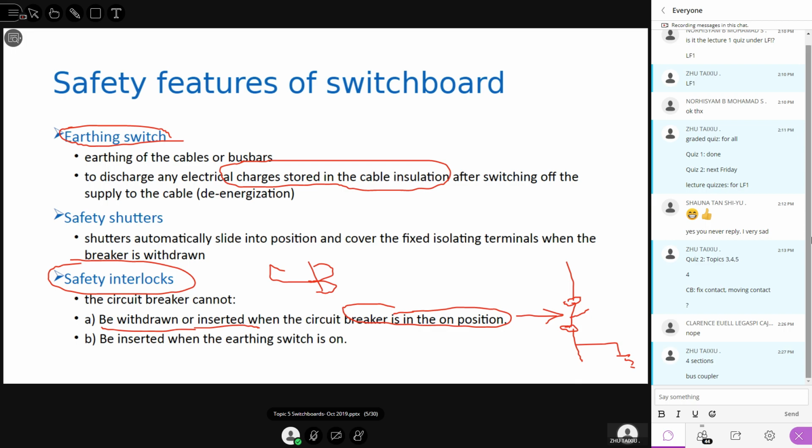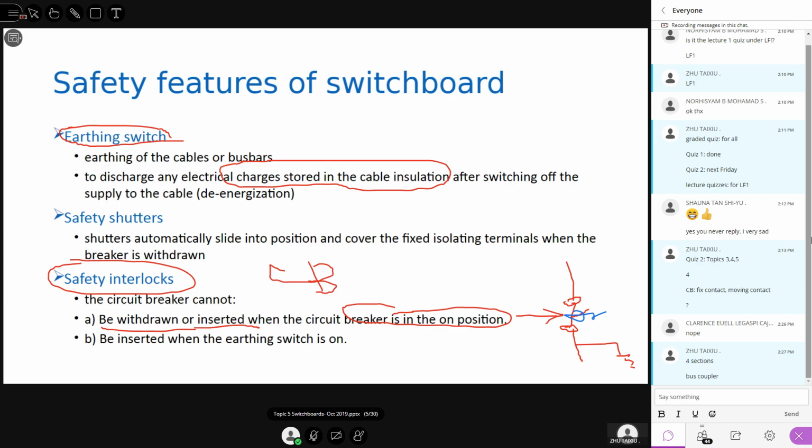That means when the earthing switch is on, the circuit breaker cannot be inserted back to the position. Basically, this is to avoid accidental short circuit, because sometimes engineers, electricians have been working all day long, right?